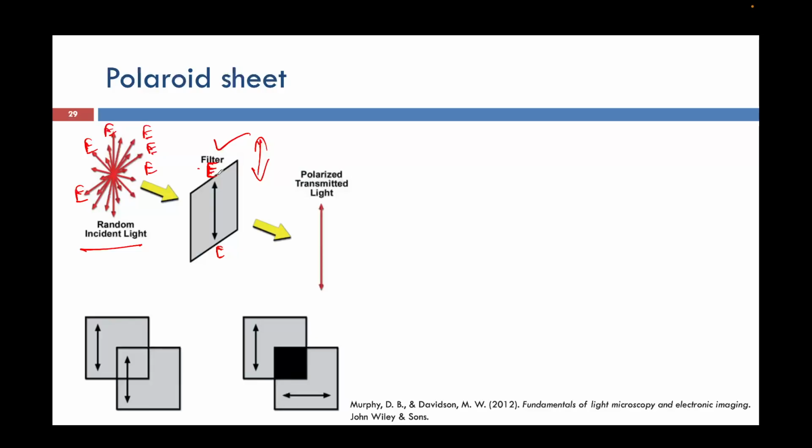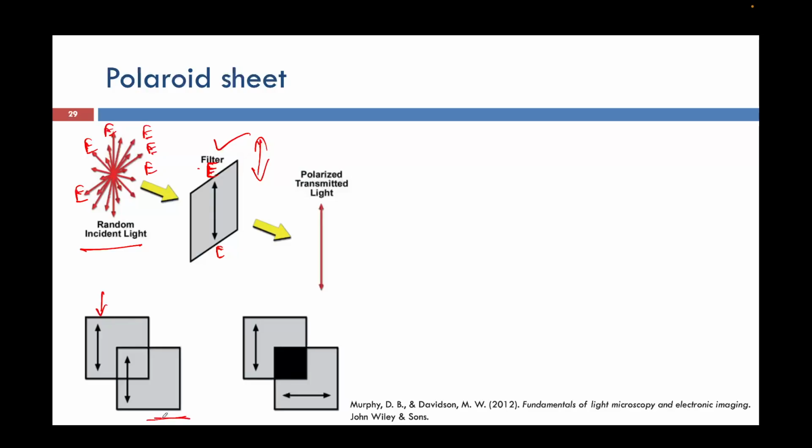Now if I put a polarizer here, how will I block the light? After I get the linearly polarized light, if I put another filter whose axis is parallel to this one, then I will get the image on this screen. Let's say I keep my screen here.